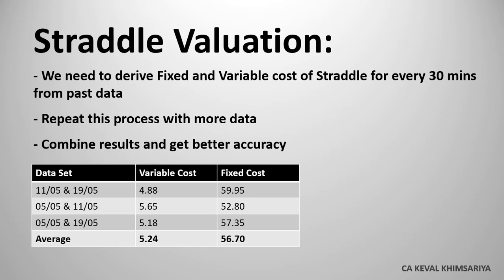So now what I got is the variable straddle component as 5.24 per 1% IV, and the fixed component 56.70, one day before expiry between 9:30 to 10 AM. So I have processed more data, so I got more accuracy.